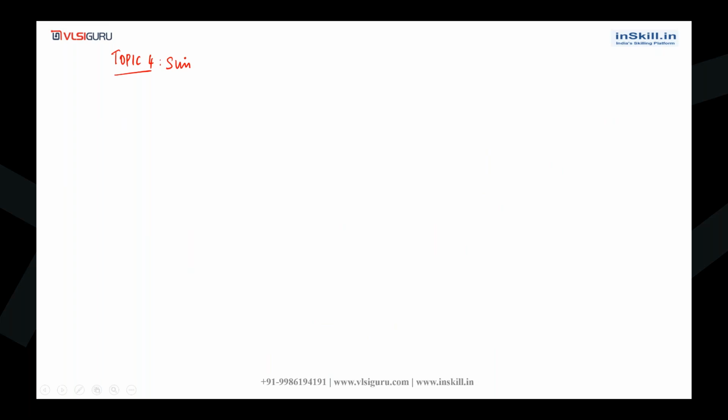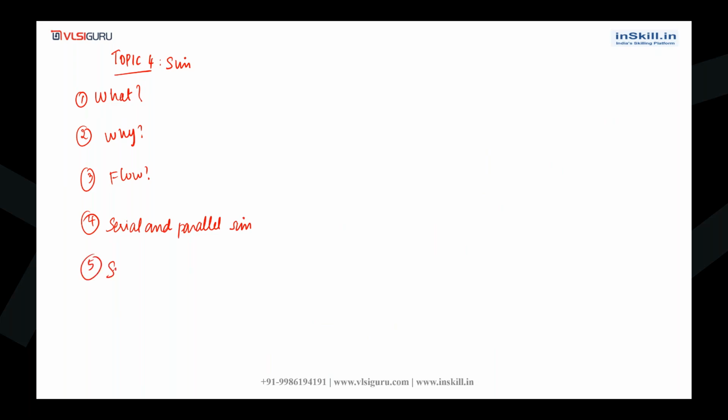In simulations, we will try to understand what is simulation, why we need to go for simulations, what is the flow of simulations, what are serial simulations, what are parallel simulations, and why serial and parallel simulations are required. Then we will try to understand the simulation mismatch debug.